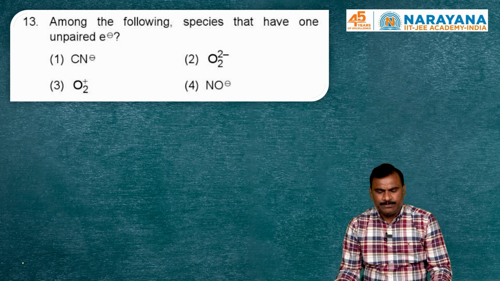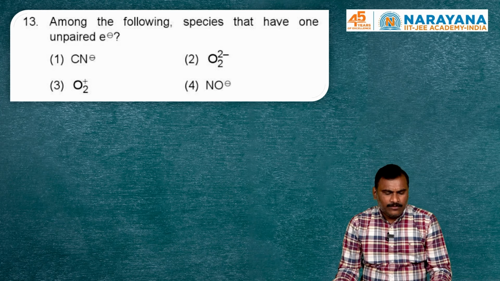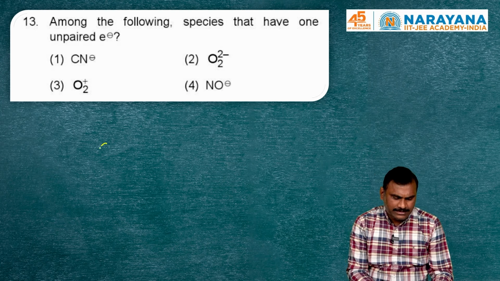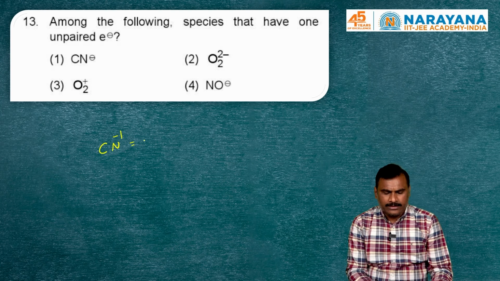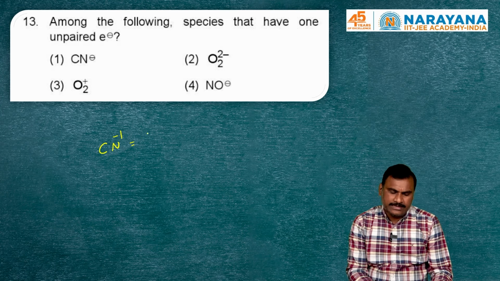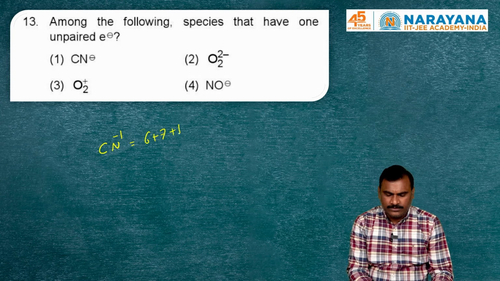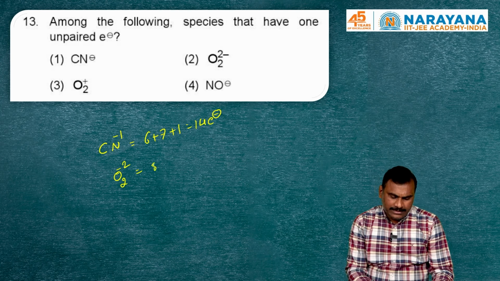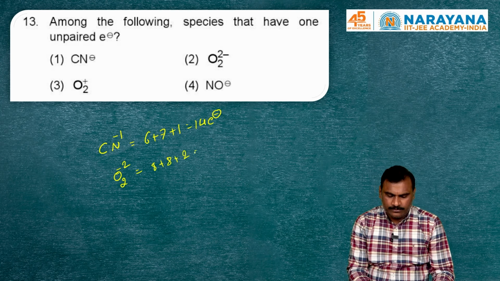Among the following species, find the one that has one unpaired electron. You can easily see that CN minus, that is carbon plus nitrogen, 6 plus 7 plus 1, is 14 electrons. Let us go for O2 minus 2, that is 8 plus 8 plus 2, 18 electrons.